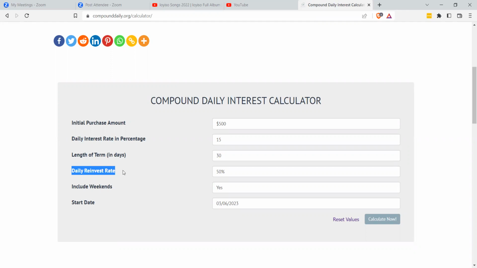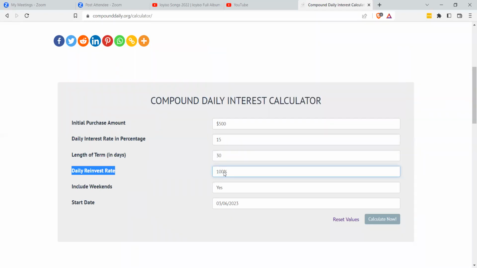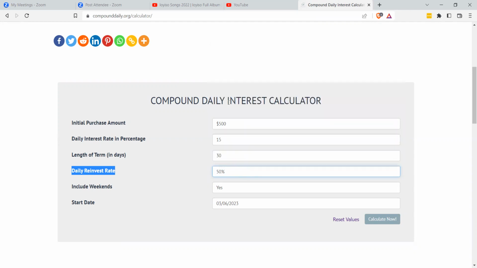Let's say I have an average win rate of 50%. Now, what most educators would change this to is 100%, because they are assuming that you are going to win all your trades. But it is very unfair to think that traders will win all their trades. So let's say 50%. Very, very realistic plan.